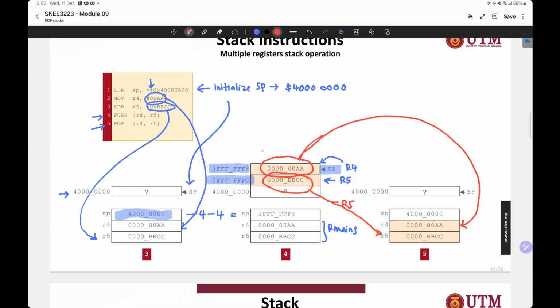You need to +4 twice because you have two registers. So now your stack pointer points to this address, 40000. This is the original stack pointer, plus 4 and plus 4, equivalent to 40000. Now your stack pointer points to this address, which is the same location as after you initialized the stack pointer.